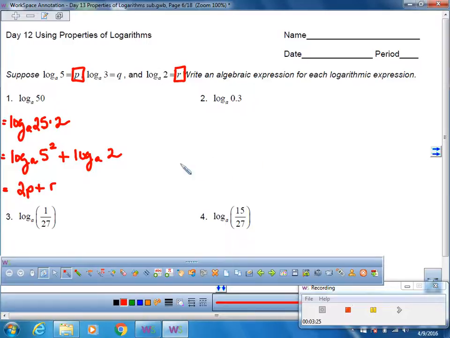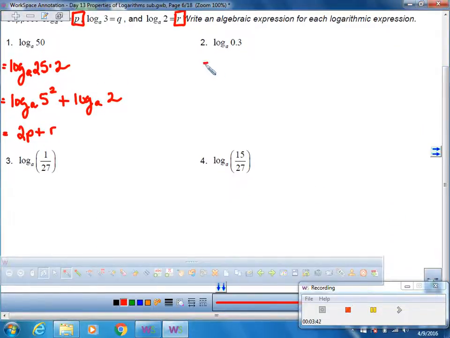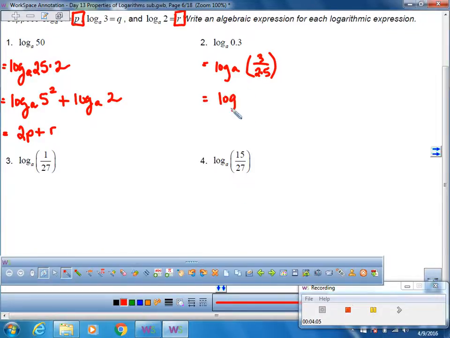I'm having a hard time right in this middle section. So let's do this. There we go. That's better. So equals log A of 3 over 10. I'm going to write 3/10 as 3 over 2 times 5, because I already know I have a 2 and a 5 up here in my expression. So now I have log A of 3 minus log A of 2 times 5.